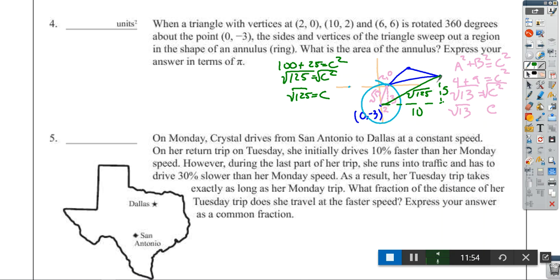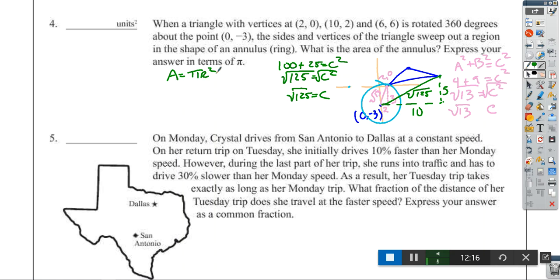For the big circle, the area is equal to pi r squared, and that's how you find the area of a circle, which should be common knowledge, yes? Area of a circle, pi r squared? They've never taught us that. That's unfortunate. The area of a circle is pi r squared, pi being 3.14.